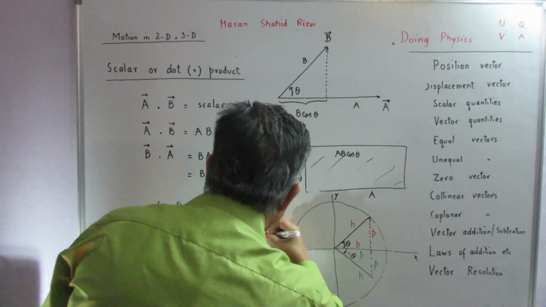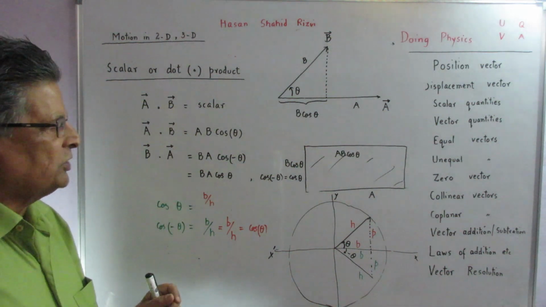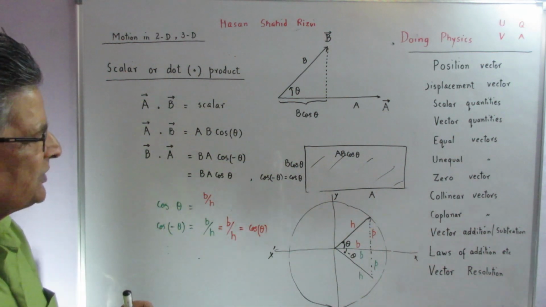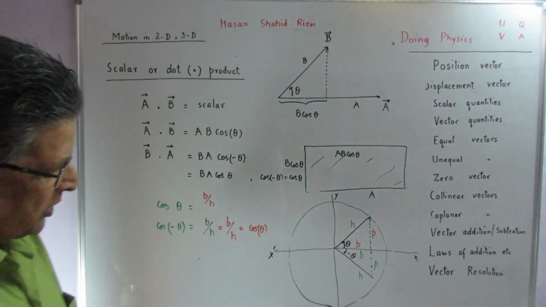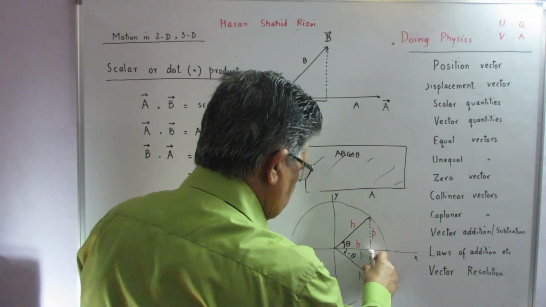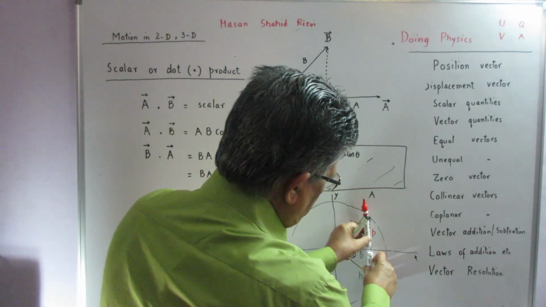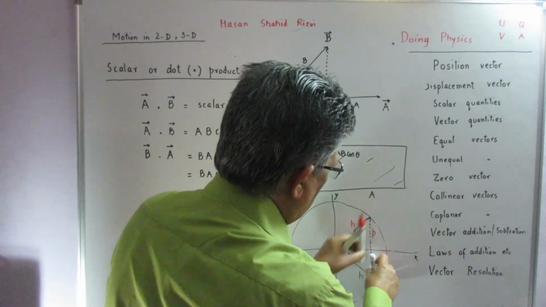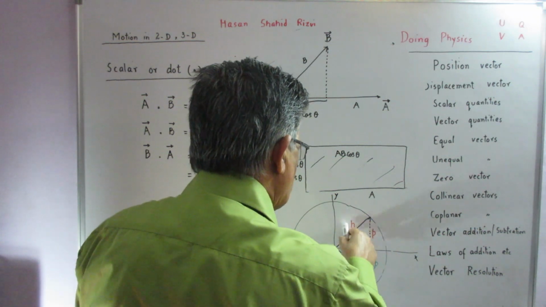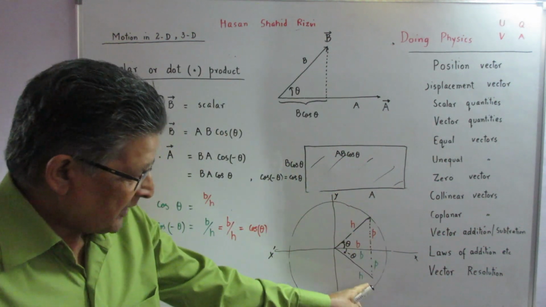And just giving you a hint to show that sine of minus theta is equal to minus sine theta. Here please look that this perpendicular goes in the negative direction, whereas this perpendicular is in the positive direction. So this is p upon h as sine of theta, and this is in the negative direction.